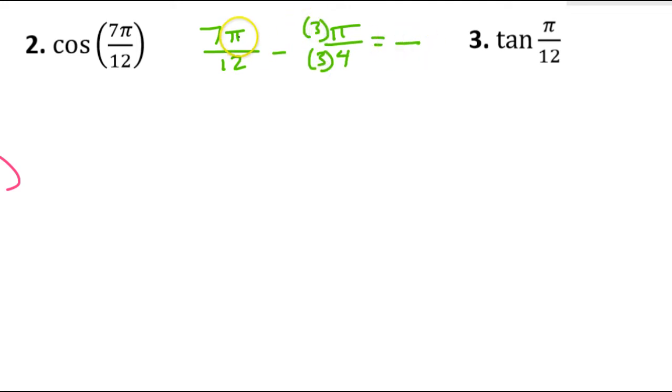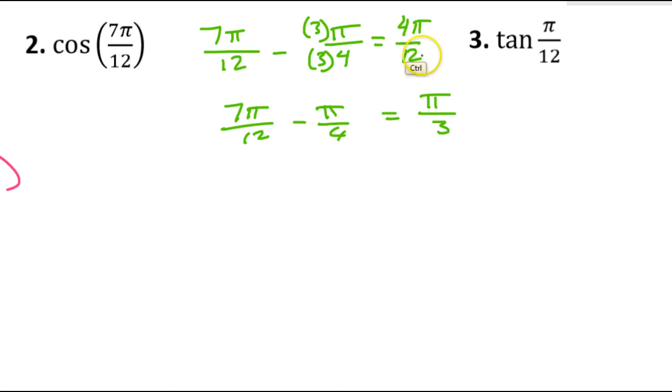Okay, so now 7 pi over 12 minus 3 pi over 12 is going to be 4 pi over 12. That means that 7 pi over 12 minus pi over 4, I just reduced it back down again, is equal to pi over 3. Okay, I just reduced 4 over 12.